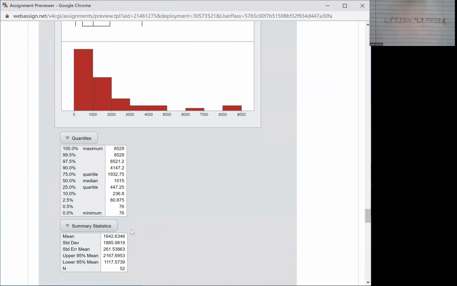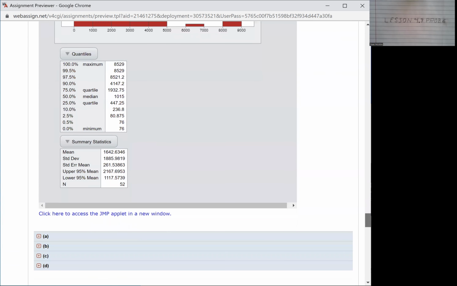And then underneath that, we have all the necessary information that we're going to need in order for the calculations that this problem asks for, okay? So anyway, let's get down to the questions and then we will work the problem.